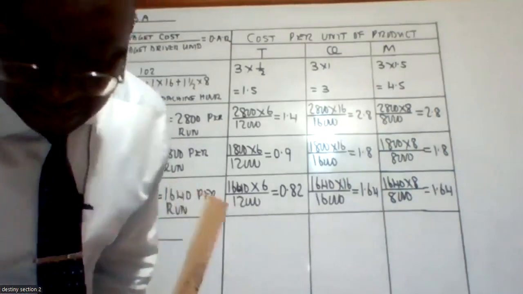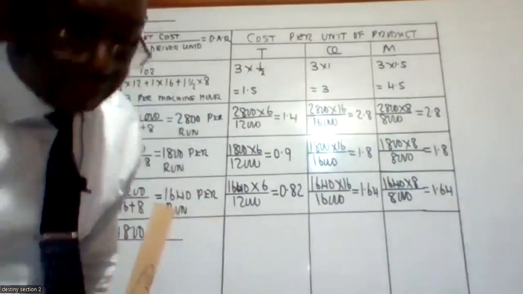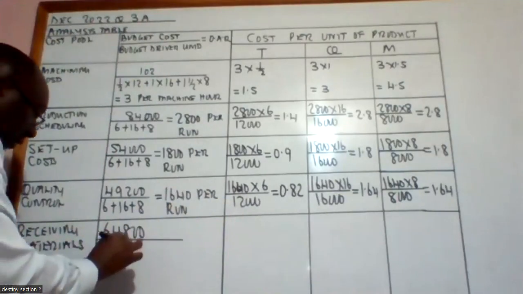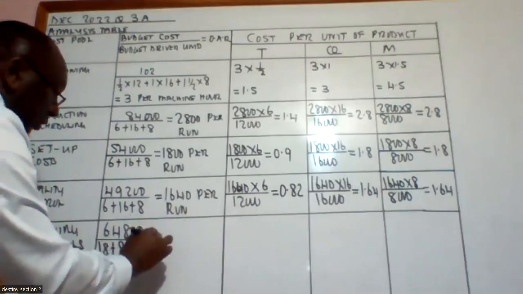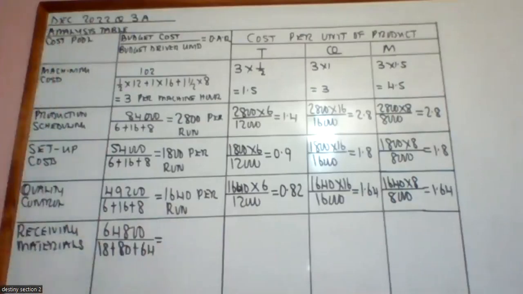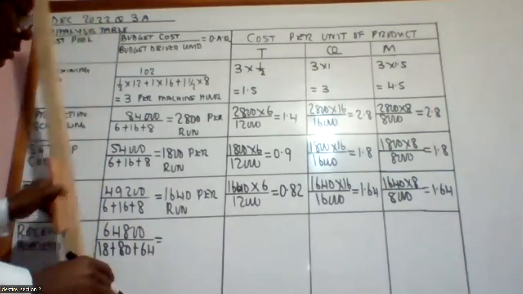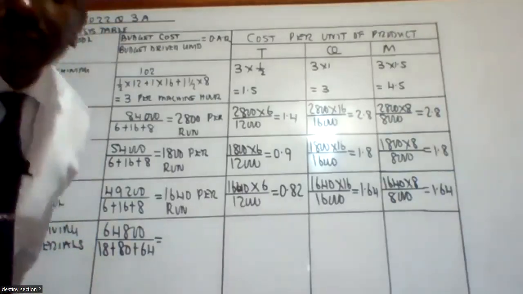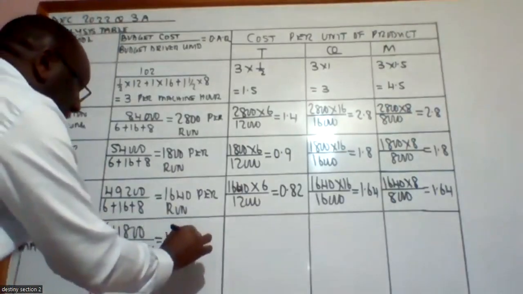So when you turn to the other side, you get 18, 80, 64. 18 plus 80 plus 64 gives $400. It is 400 per receipt.